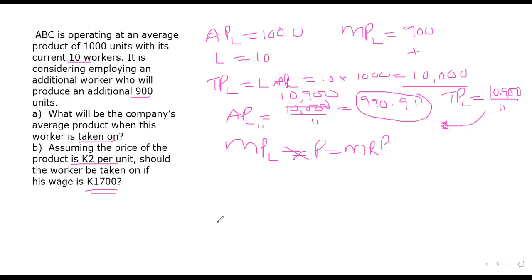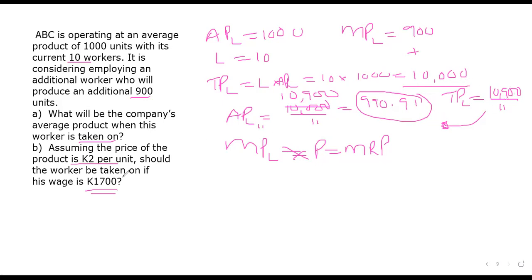So my 900 plus the 10,000 of the 10 of you gives the total for the 11 of us. But the average is divided by 11, not 10, because I've now joined you. These guys were producing 10,000 together, and the one who joined them has 900. So together they have 10,900, and we divide by 11.